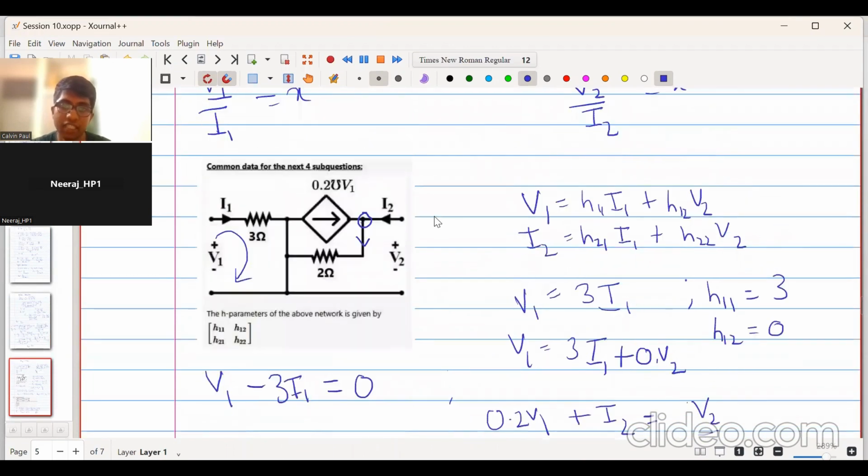Yes, at this node. The current entering this node is 0.2 into V1, which is given by the dependent current source, plus I2 also which is entering, which is equal to the current leaving, that is V2 upon 2. So that's how this dependent source also is having an effect.